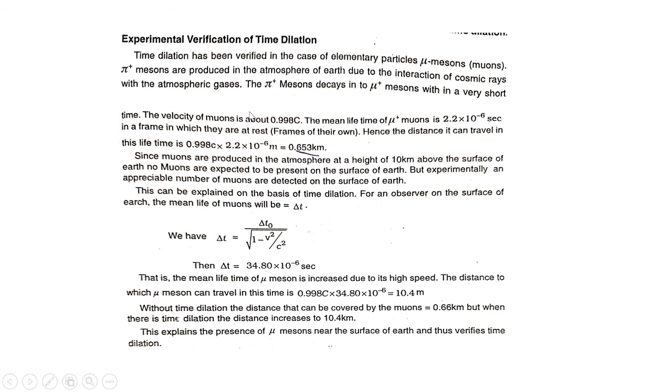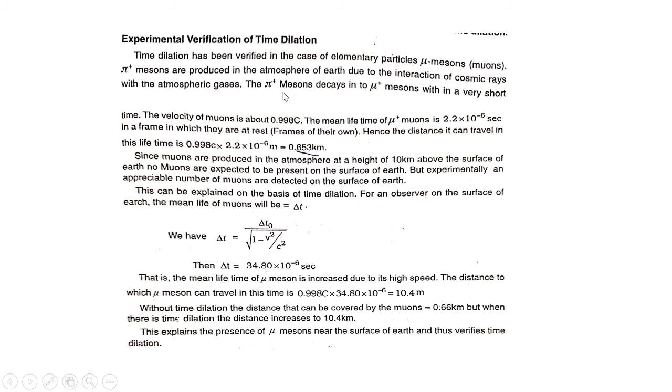Next, we look at the experimental verification of time dilation. Time dilation has been verified in the case of elementary particles like mesons. Pi plus mesons are produced in the atmosphere of Earth due to the interaction of cosmic rays with the atmospheric gases.